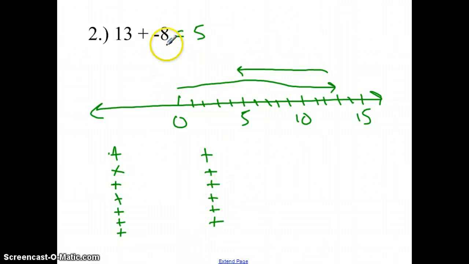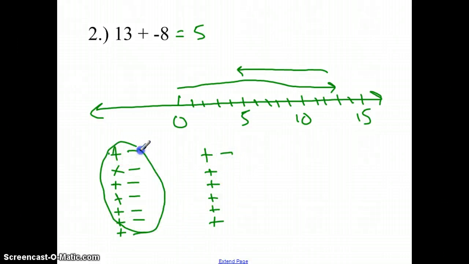Now I want to add in 8 negatives. 1, 2, 3, 4, 5, 6, 7, and 8. These are all 0 pairs. Here's a 0 pair. Look at what remains. We've got 1, 2, 3, 4, 5 positive that remain, which also gets us that answer.